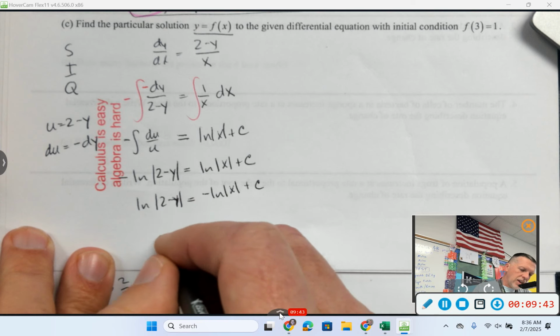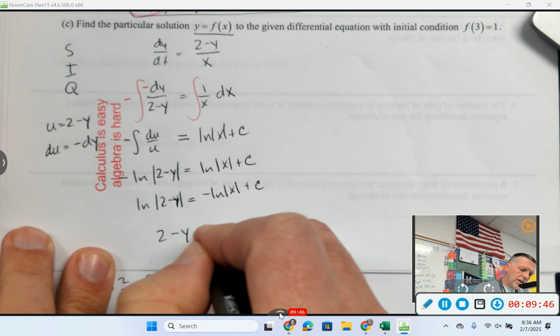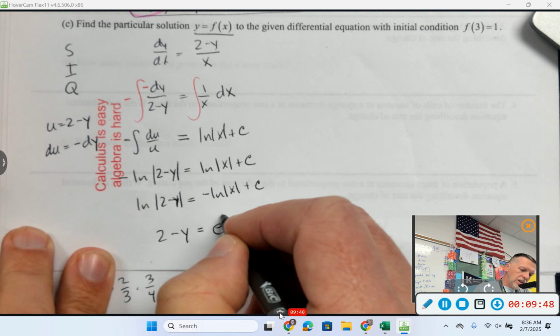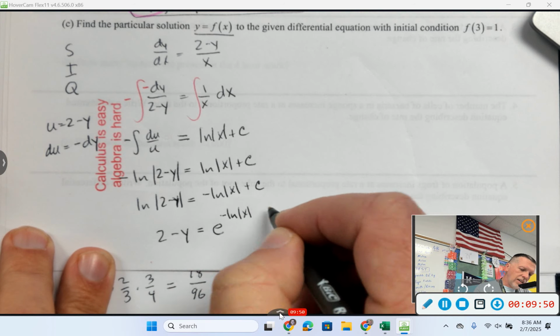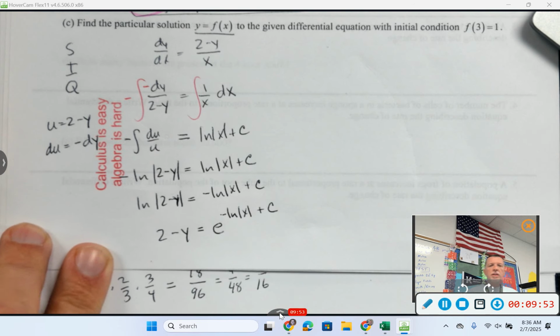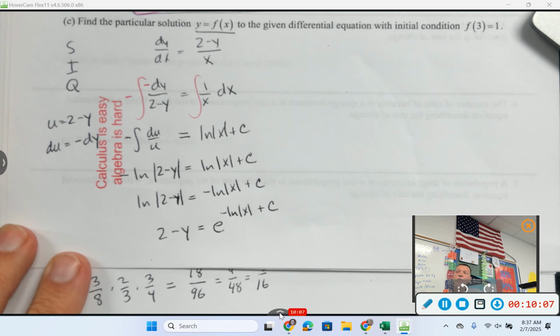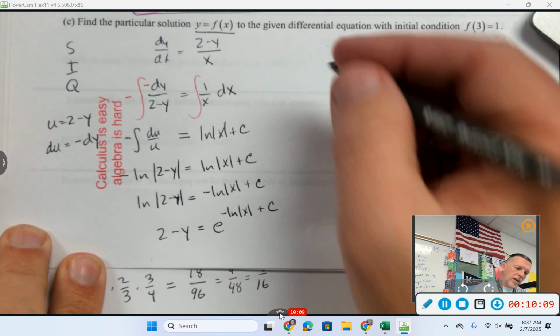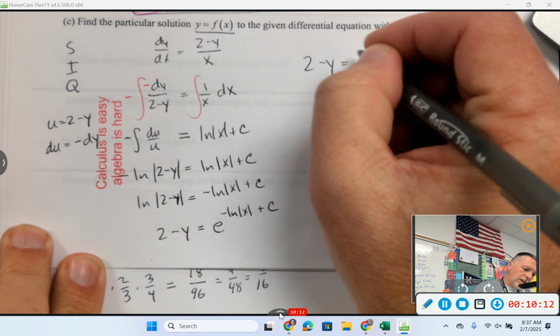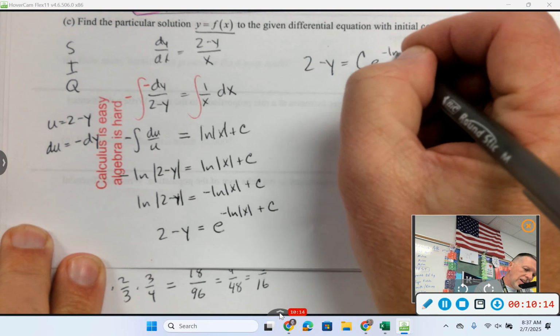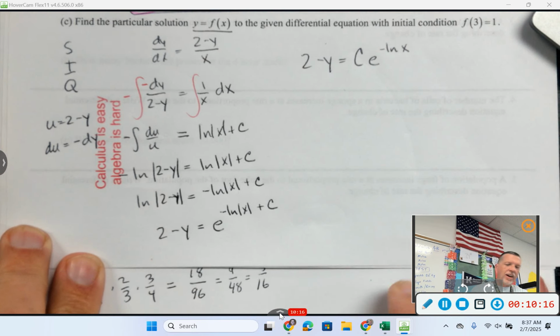That's kind of the same thing. 2 minus y equals e to the negative natural log of x plus c. C can go in front. Yep, that little algebra trick. So 2 minus y equals c e to the negative natural log of x.